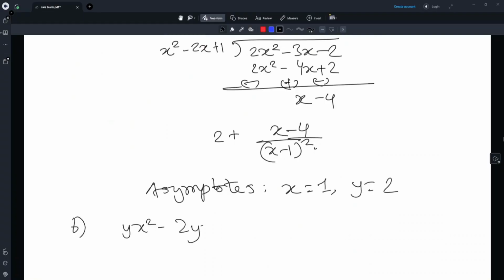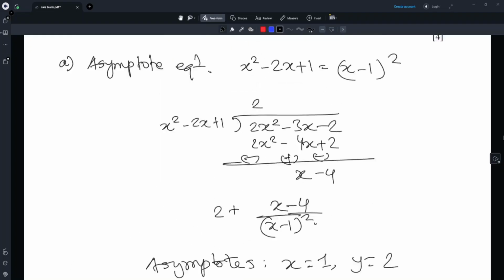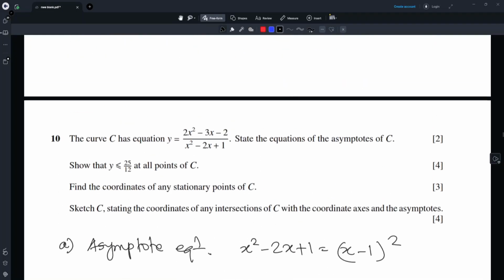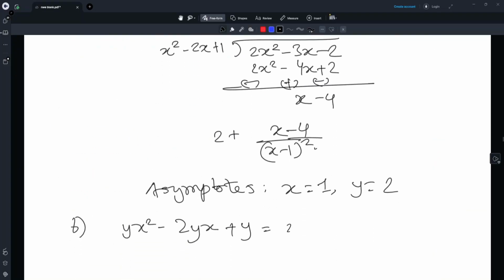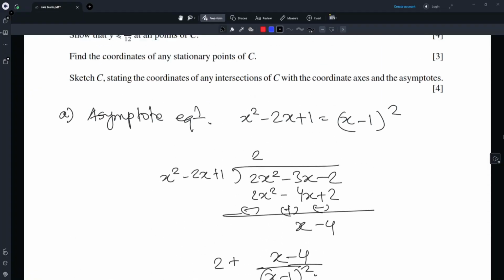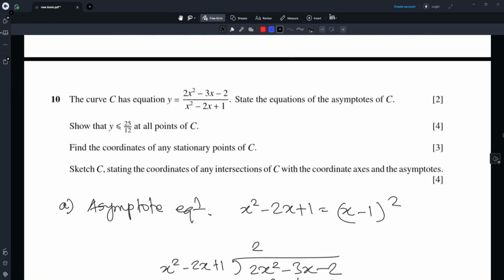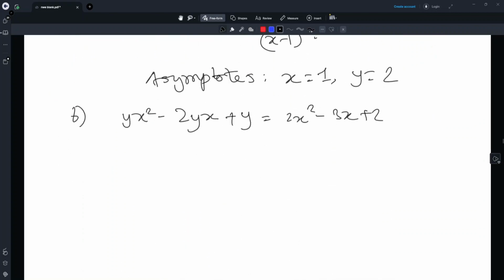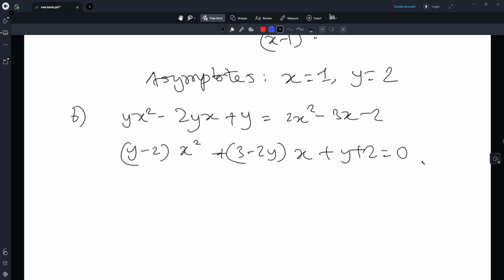yx square minus 2yx plus y equals 2x square minus 3x plus 2, no, it's minus 2. Then I take this to the other side, so we have y minus 2 x square plus 3 minus 2y into x plus y plus 2 equal to 0.